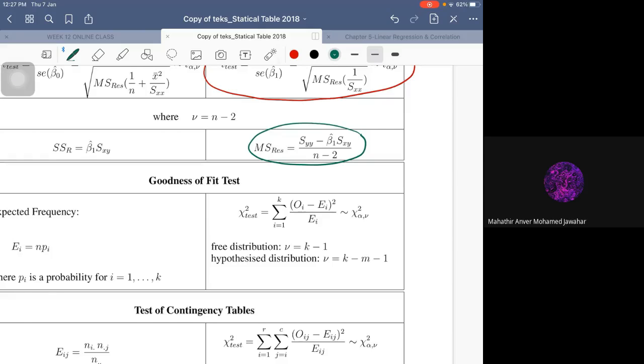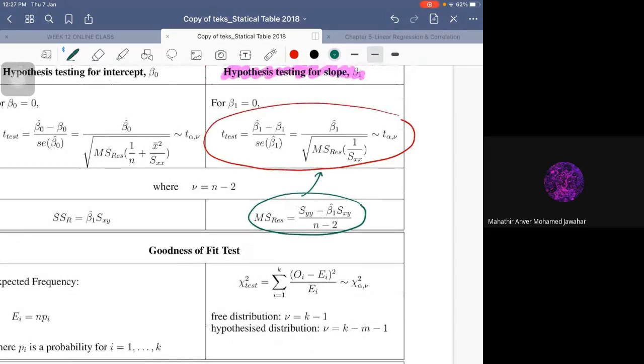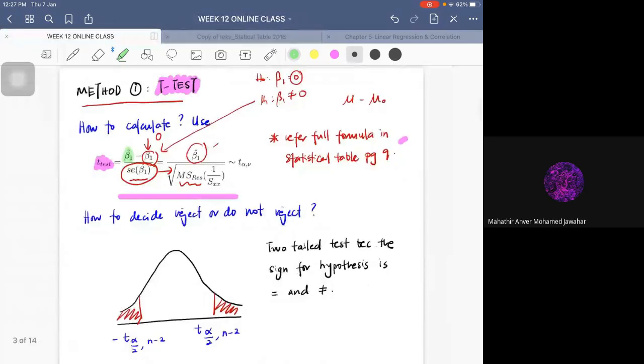You substitute in here, and only then will you be able to get the value of the standard error of beta 1. So it depends on what is given in the question. If it is already given, then there is no need to calculate. But if it's not given, then you have to calculate the whole thing in order to find the value of the t-test. So that is the idea of the t-test.